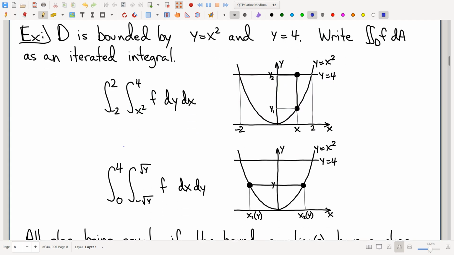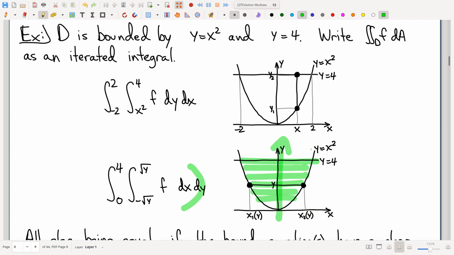Now, here's the thing. I just set up an iterated integral, slicing in that order. Just to see what happens, let's now go in the other order. See how it plays out. Okay, well, starting with y slices. As I go in the y direction, this is what my y slices look like. Sometimes you just get really lucky. This first y slice, I can see from the picture, is the origin.